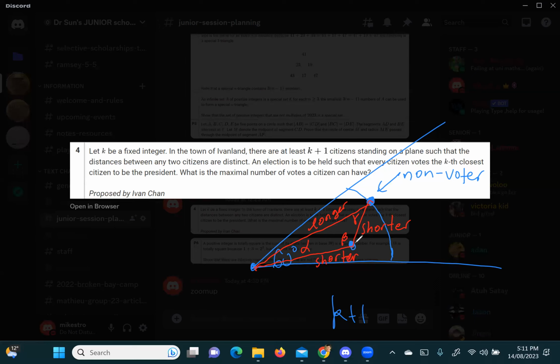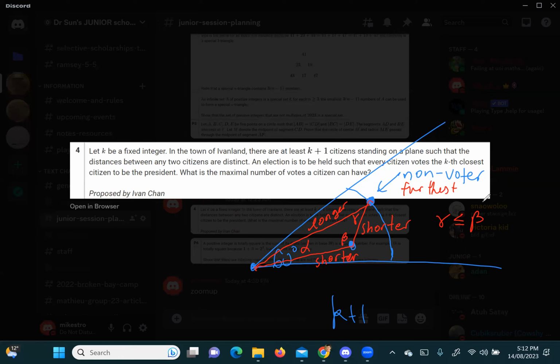That's the assumption at the beginning. This is shorter because this guy is the furthest from the president, okay? And if that guy is shorter, then the angle must be smaller. So gamma is smaller than beta, yeah?